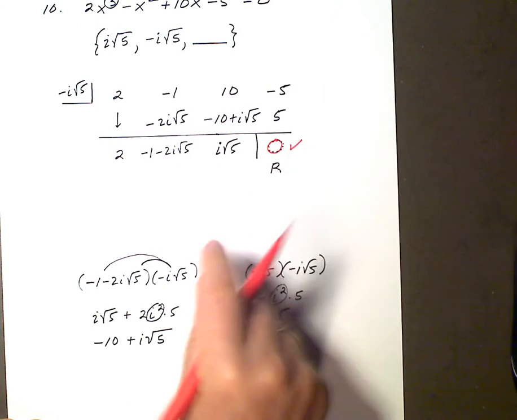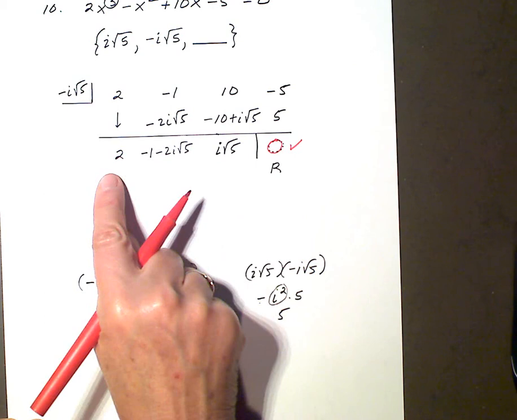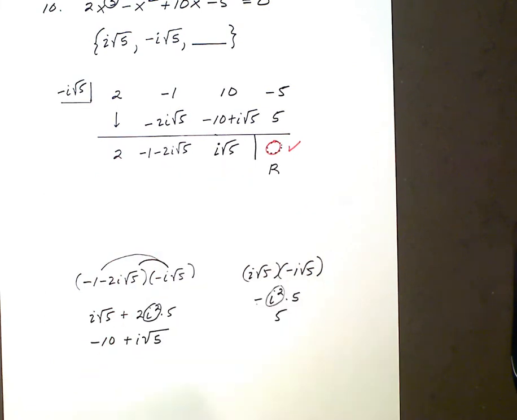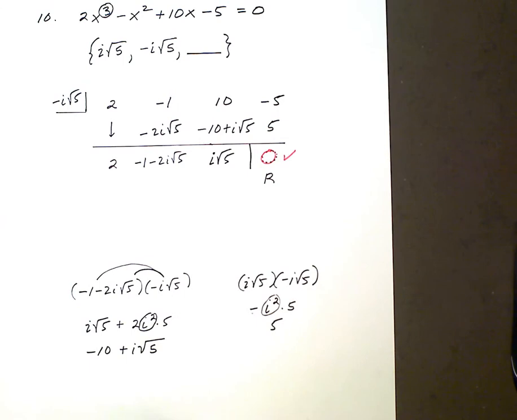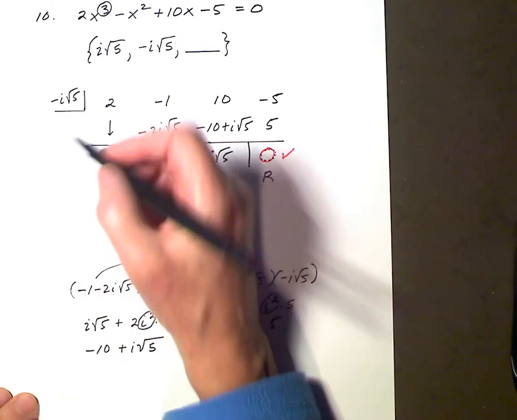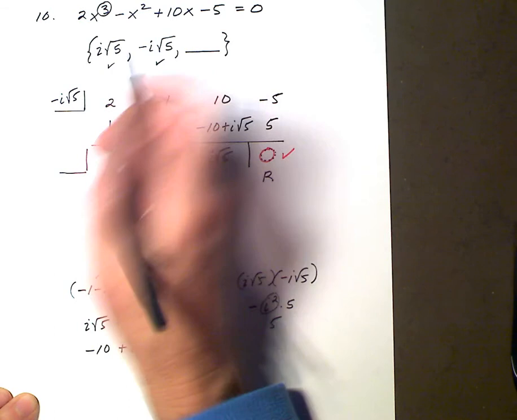But I can't do anything with these coefficients. You have to keep going and divide by the next root that you know in order to get integer coefficients here. So now I divided by that root, I'll divide by just i root 5.